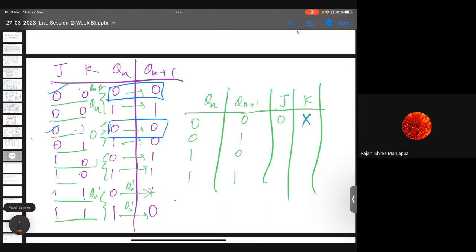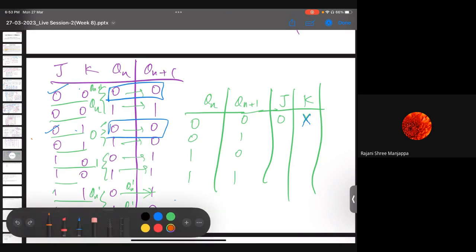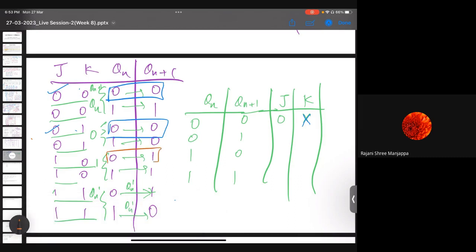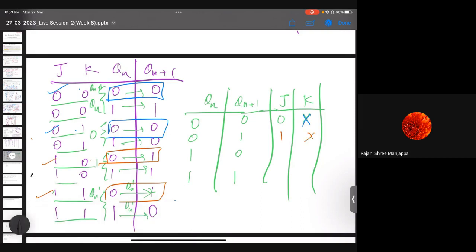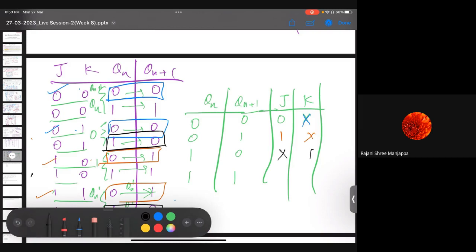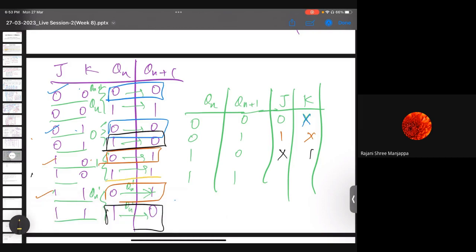There is no other 0, 1, so in this J is 1 and K is don't care. So it is 1x. Then similarly for 1, 0, there are two cases. This is 1, 0, and this is x1, so it is x1. And for the last case, it is 1, 1, and this is 1, 1. So it is x and then 0.